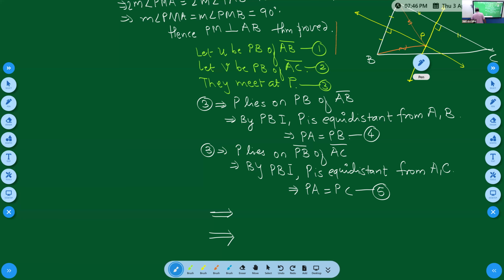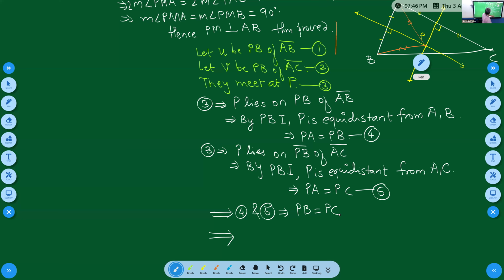So 4 and 5 put together imply PA is equal to PB, PA is equal to PC. So 4 and 5 together will imply PB equals PC.